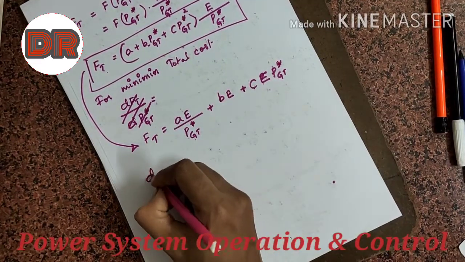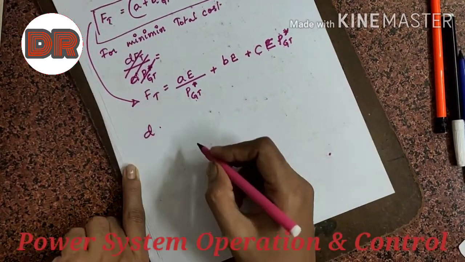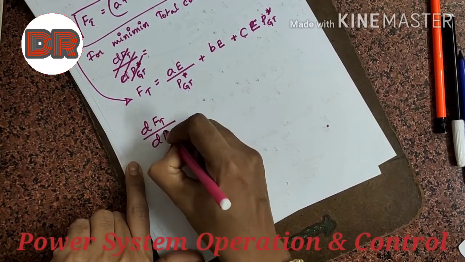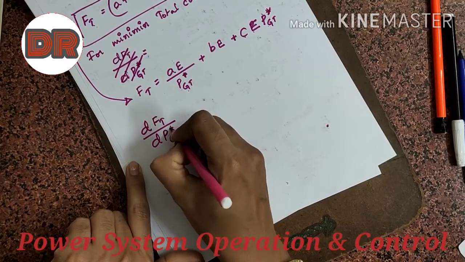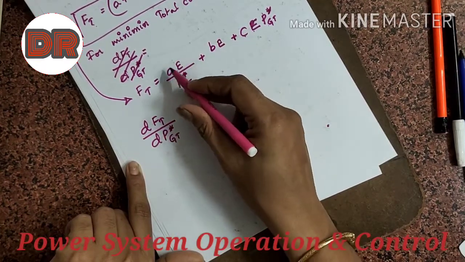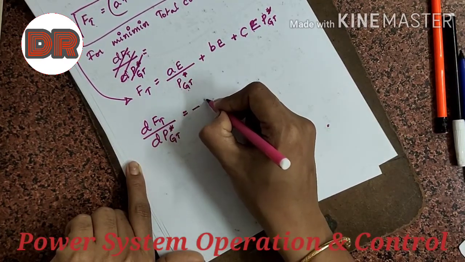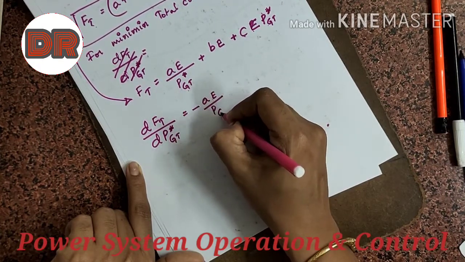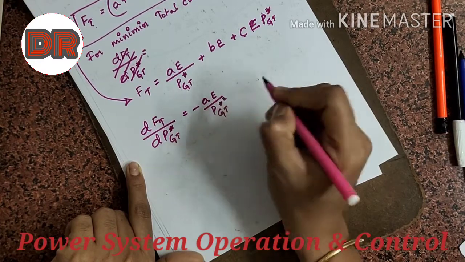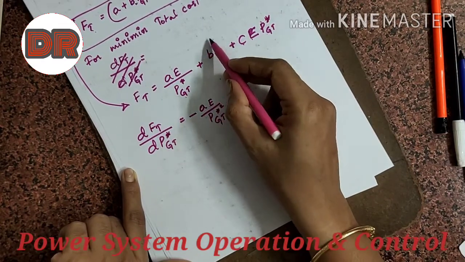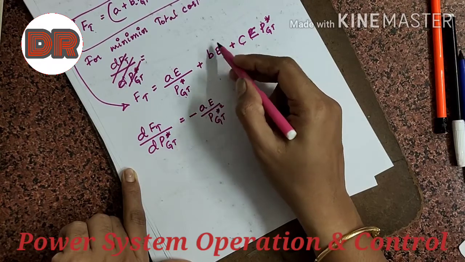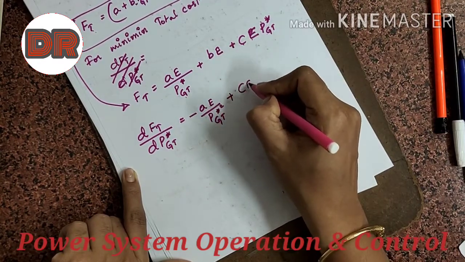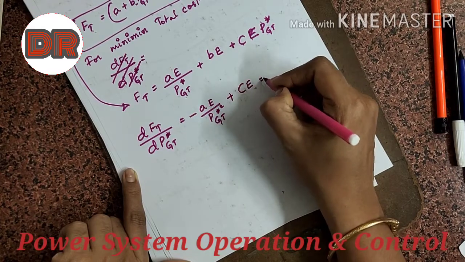Now for minimum total cost, I have to differentiate FT with respect to PGT star. When you differentiate, you get minus AE divided by PGT star square, plus 0, plus CE, is equal to 0.